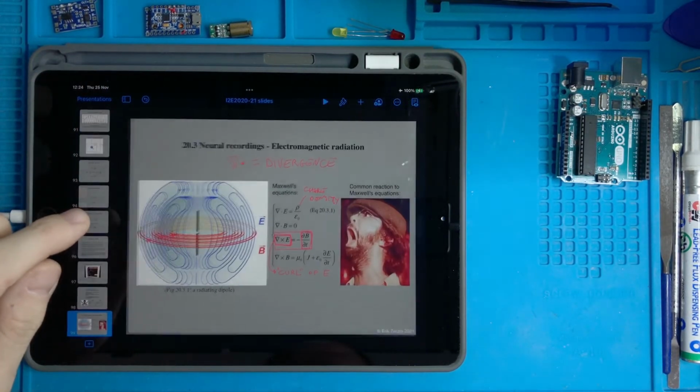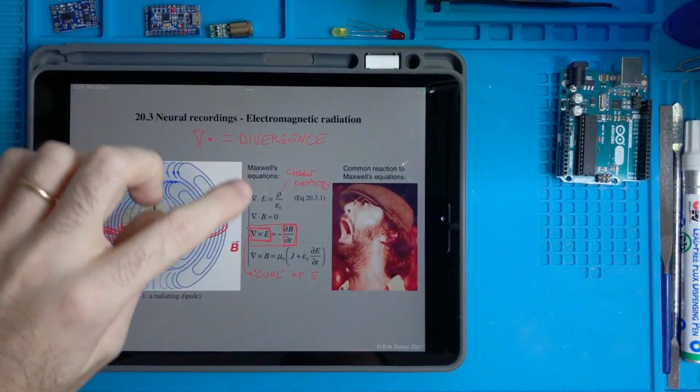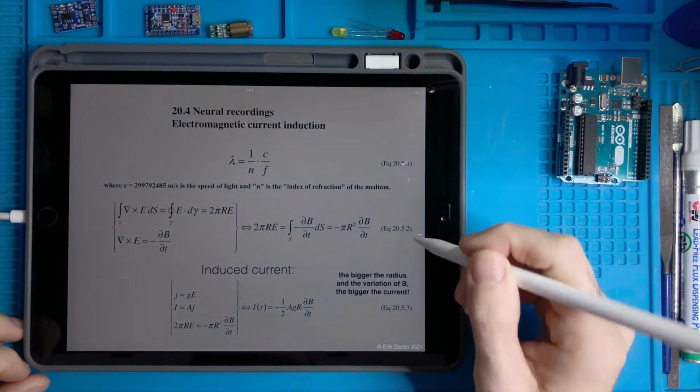I go back to the slides. It's this thing.